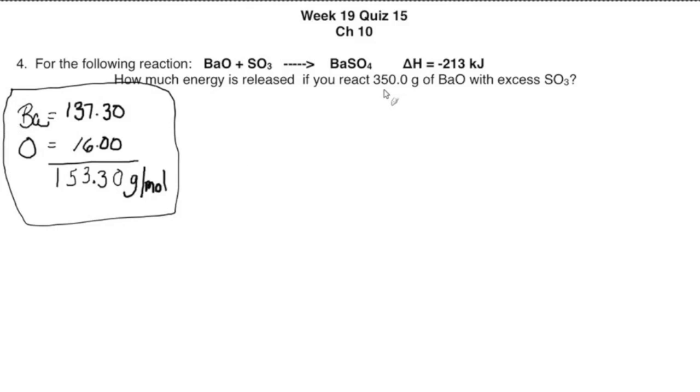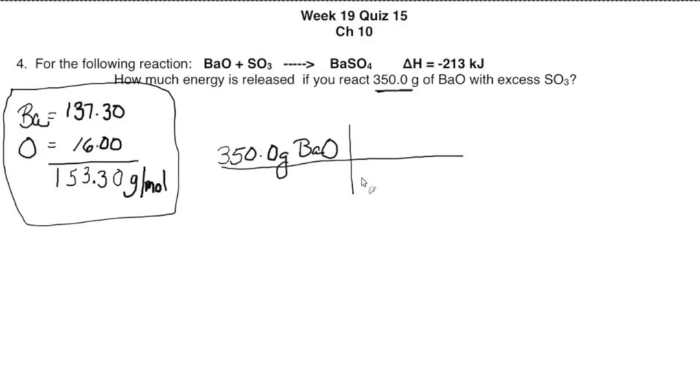So now we take what we're given. What we're given is 350 grams of barium oxide. So you start there. Draw your line. Use your molar mass to convert your grams to moles.